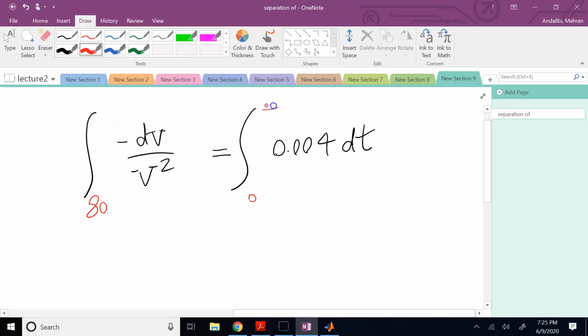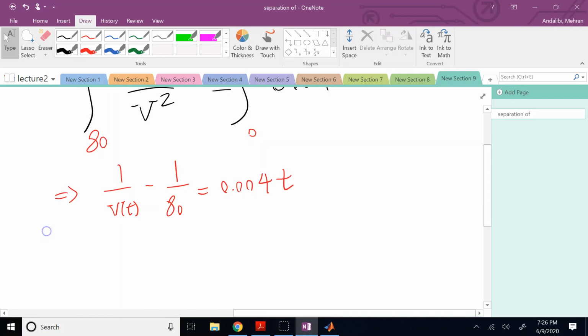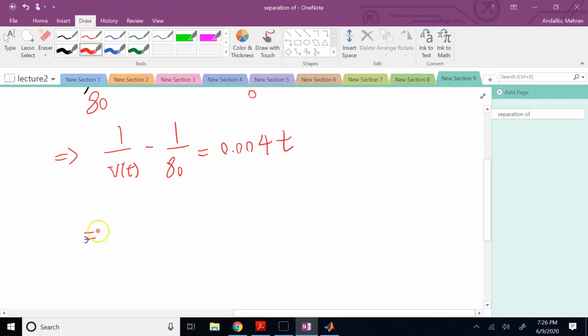So I use t, arbitrary t, and here I use arbitrary v of t. If I do that, then I'm going to get 1 over v of t minus 1 over 80 is equal to 0.004 t. And guess what? This one is giving us, yes, v as a function of time.